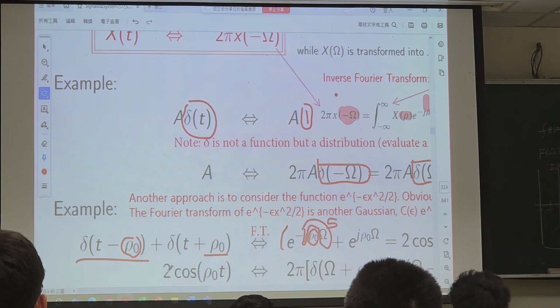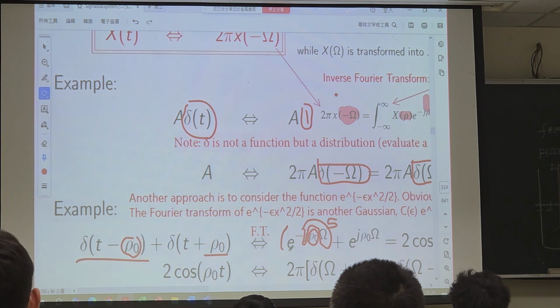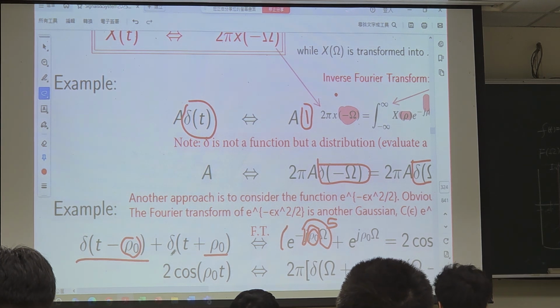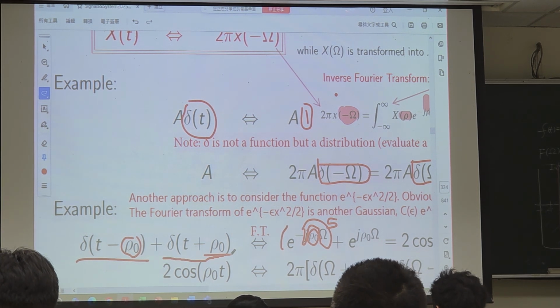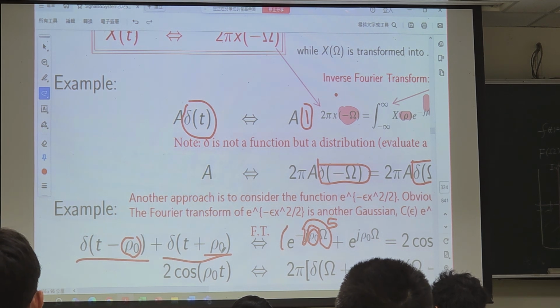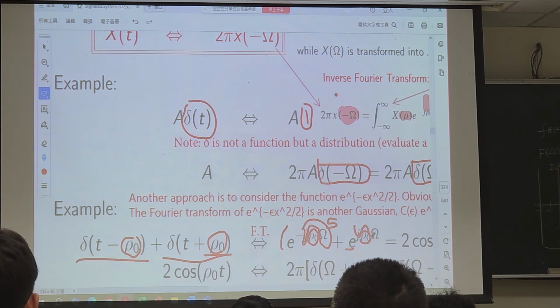So the transform of the delta function with rho sub 0 seconds delay is given by e to the negative j omega times rho sub 0. Likewise, the Fourier transform of the impulse with rho sub 0 as a time advance is multiplied by e to the positive j omega rho sub 0.